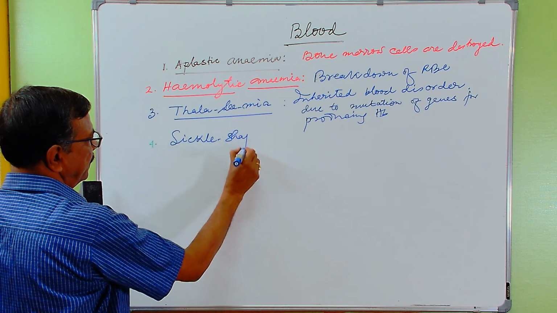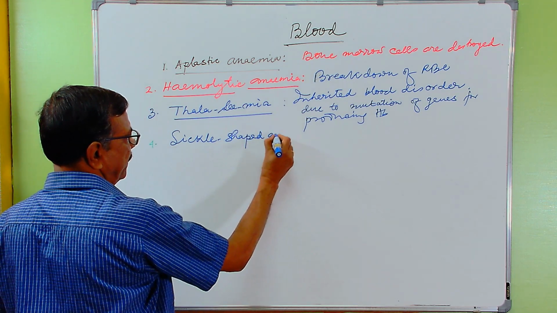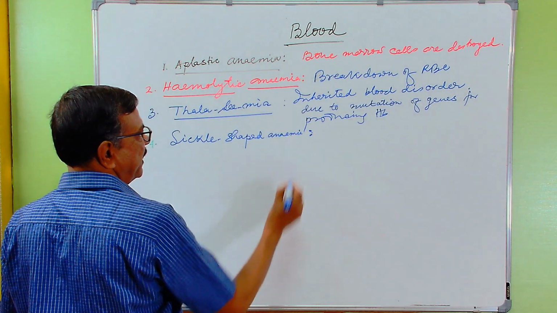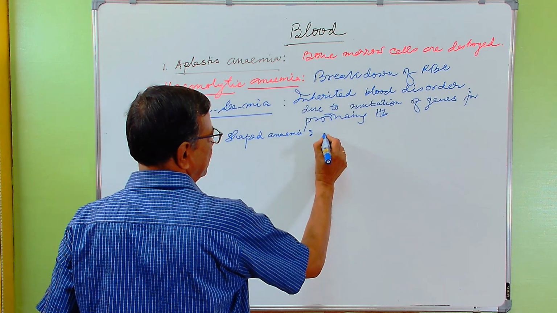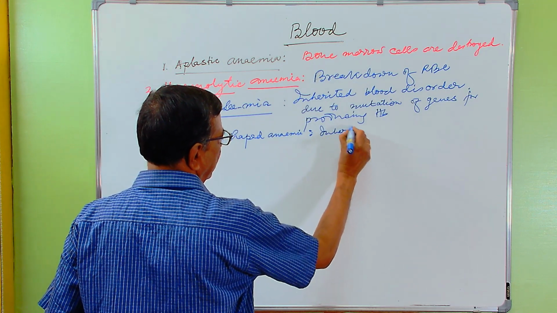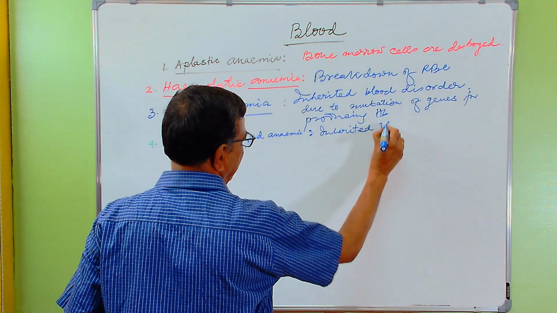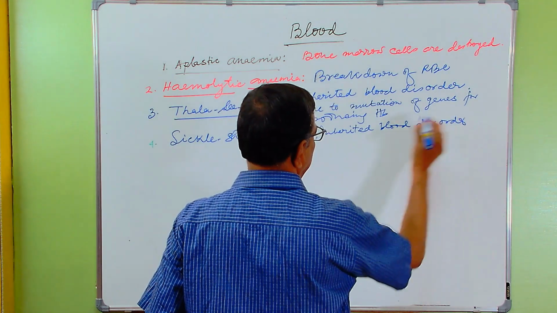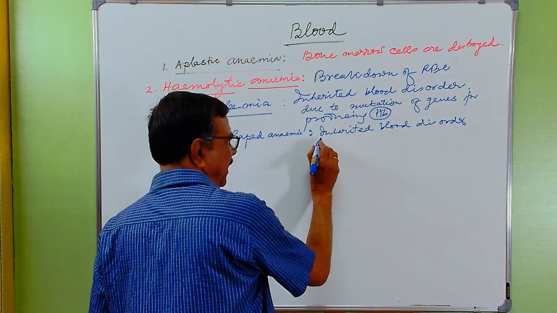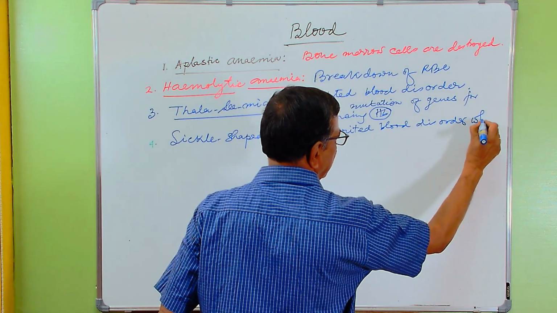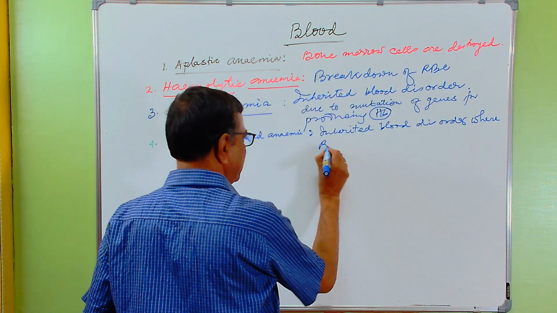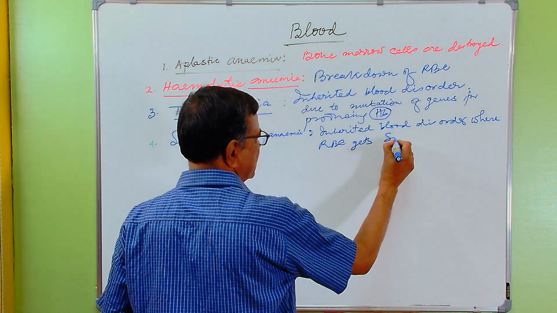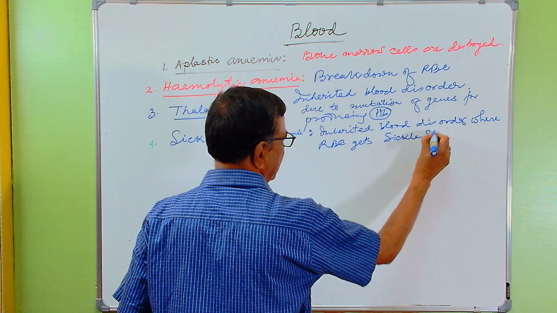This is also an inherited blood disorder, where the RBC gets sickle shaped, S-I-C-K-L-E, sickle shaped.